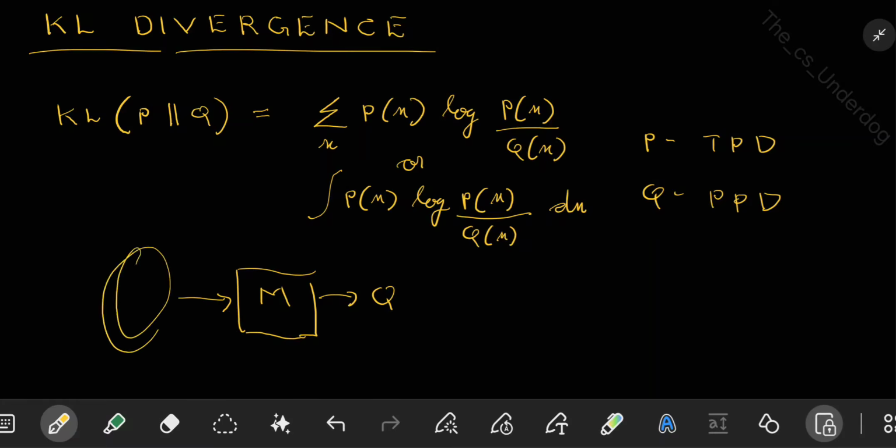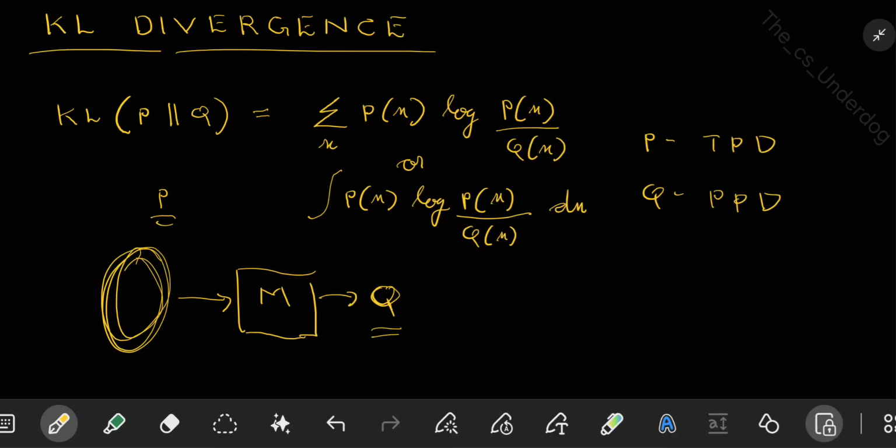But for this particular input set that you're giving to the model, there will be one true distribution. So you are trying to approximate that true distribution using Q. The true distribution is P, and with the input, the model is trying to find out that P. So in an attempt to find out P, the model will construct Q. So Q is the one that is produced by the model.